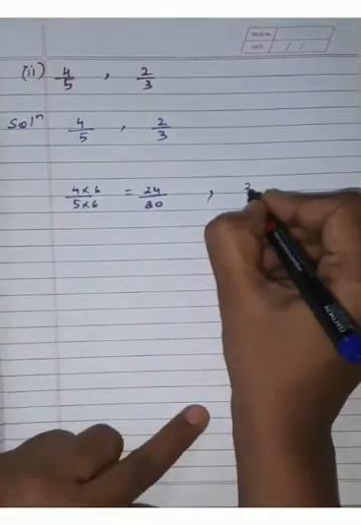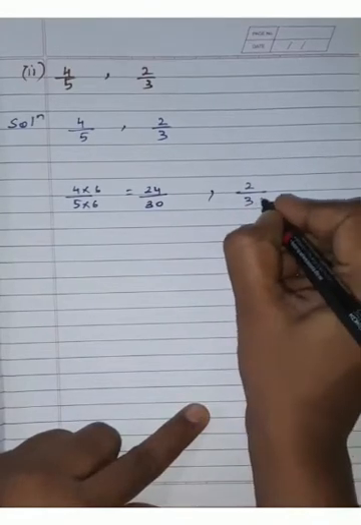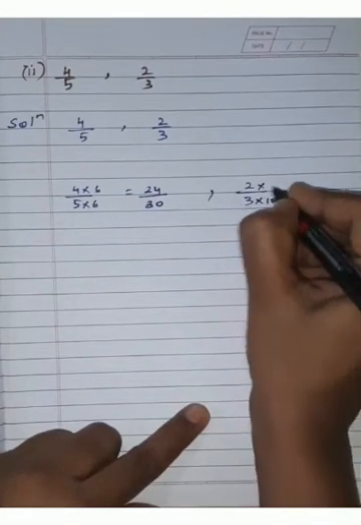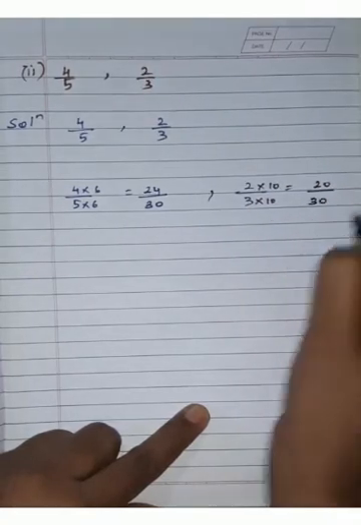Similarly, for 2 upon 3, we want the denominator 30. So I multiply this 3 with 10, and similarly this 2 with 10. So I get 20 upon 30.